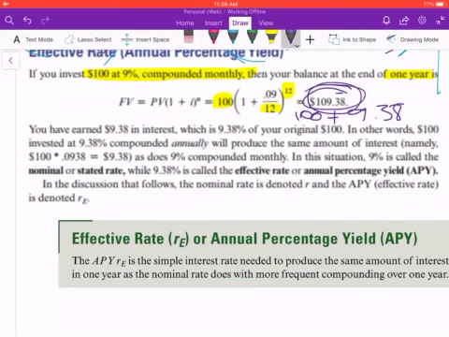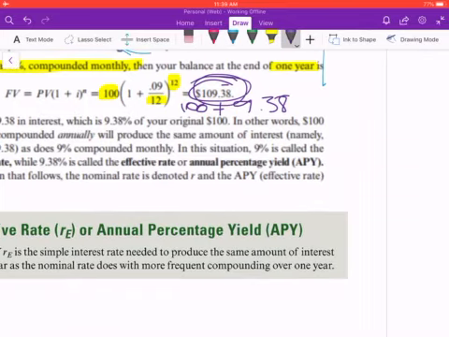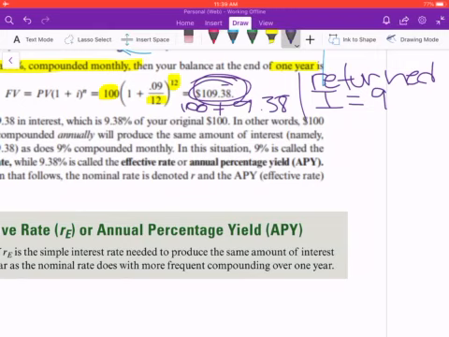So with that, we could say that the returned interest, or the interest earned, was $9.38.